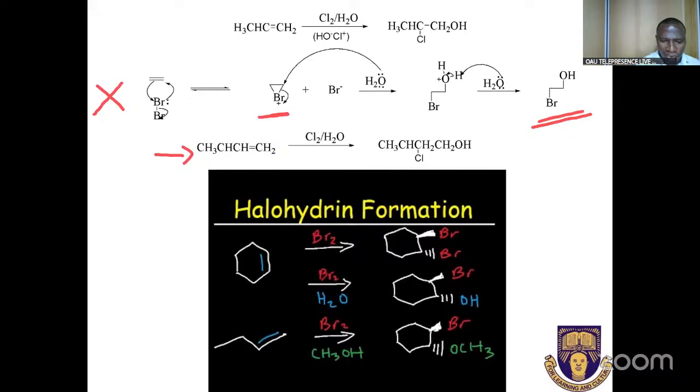But when you have bromine water, in the second equation, what you have is Br and OH adding, but you still have that anti or trans geometry showing. And similarly, if we are using bromine in methanol, then the nucleophile will be the methanol rather than the Br minus, to give this third product.